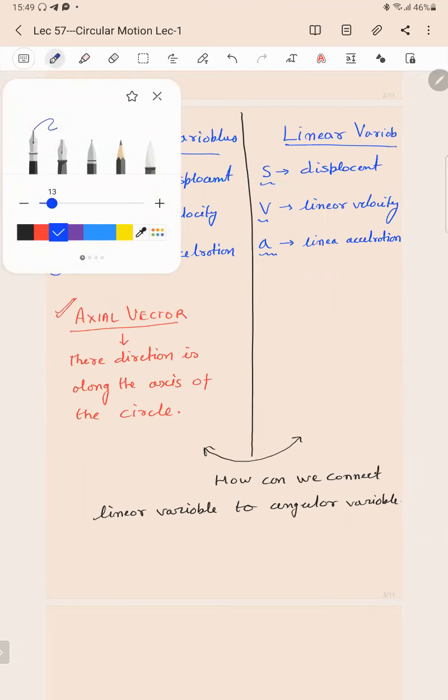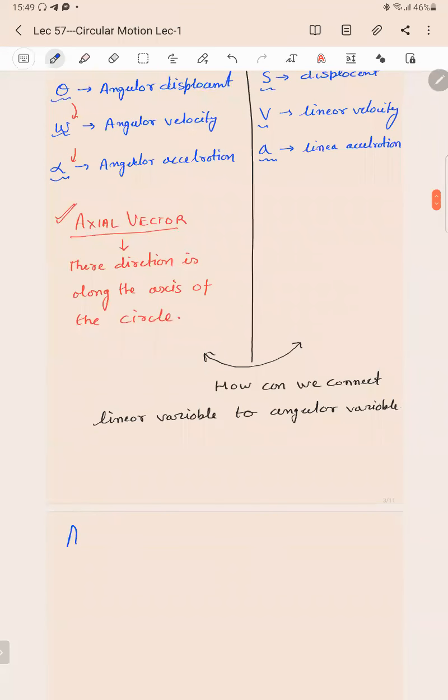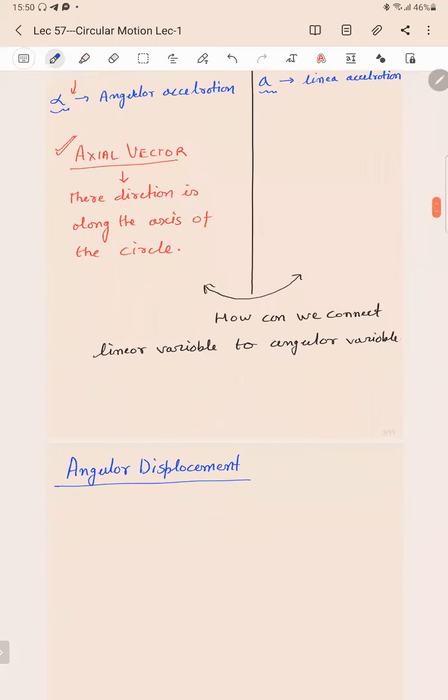Okay, so now I am starting with angular variable, and first angular variable is angular displacement. तो बेसिकली अगर मैं इसको बहुत सिंपल भाषा में बोलूं तो कितना एंगल घूमा, how much angle it rotated along with the sense of rotation, clockwise or anti-clockwise, that is angular displacement.